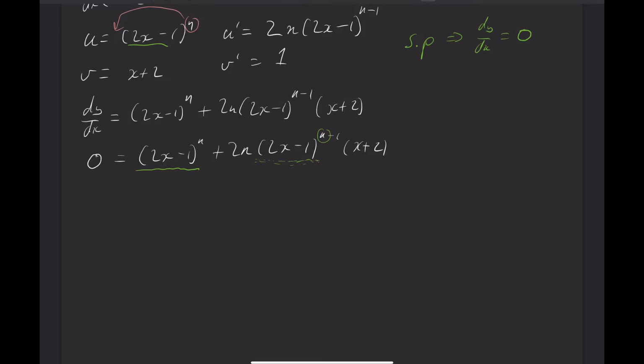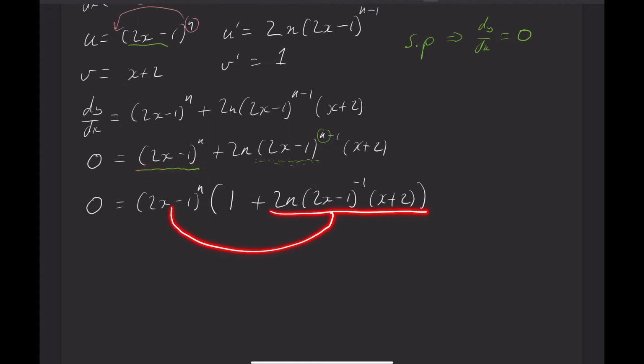So we can take that factor out. We get (2x minus 1) to the n times [1 plus 2n (2x minus 1) to the negative 1, times (x plus 2)]. So that times 1 is that, and this next term would reduce this power by n using my index laws.